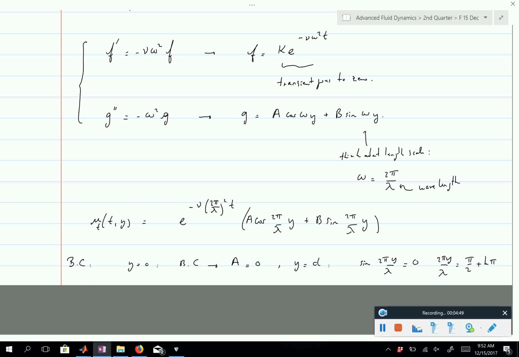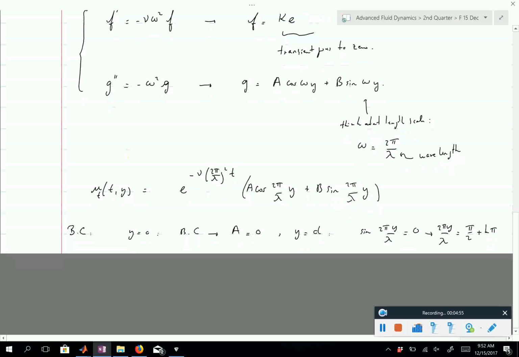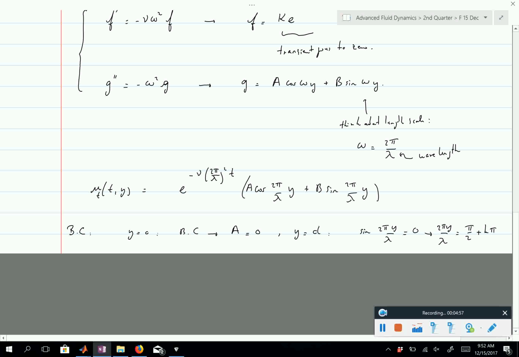Is that clear? I need my sine to be equal to 0, and therefore I need that. The y should be at d. You need this part when y is equal to d to be equal to 0.